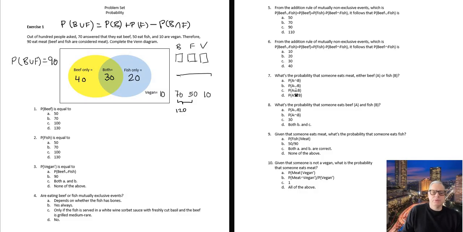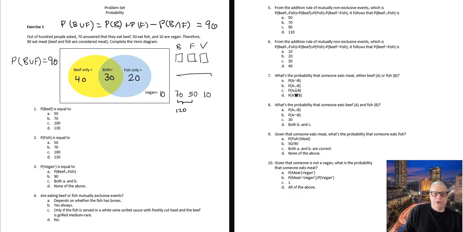Well, all we know is that because 100 were surveyed, 10 are vegan, that means 90 must eat beef or fish. So that is 90.